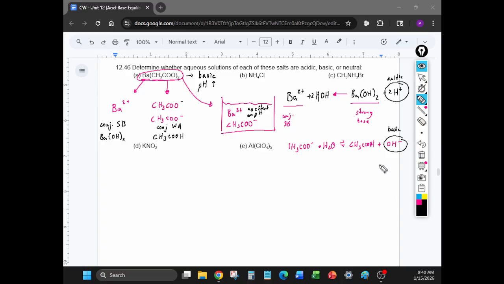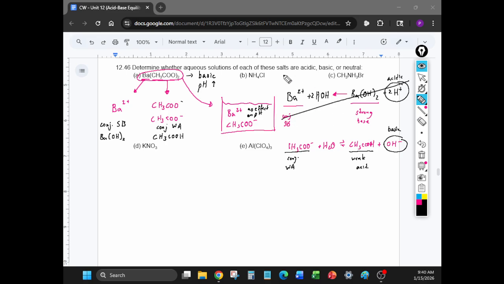So let's figure out if this can happen. If you take a look at the conjugate of acetate, acetic acid, this is a weak acid, which means that acetate is the conjugate of a weak acid. And because weak acids go into equilibrium, this reaction is going to take place. And so what's going to happen is you're going to end up with more OH-.